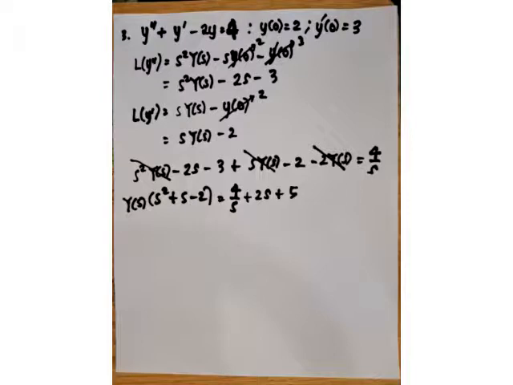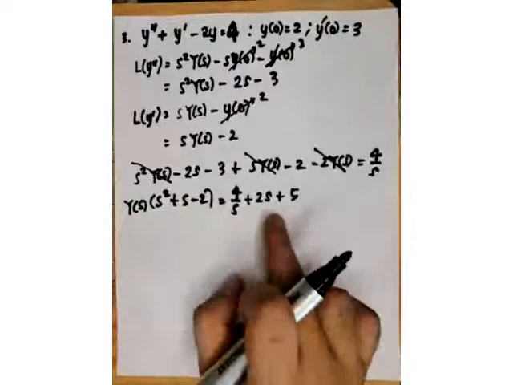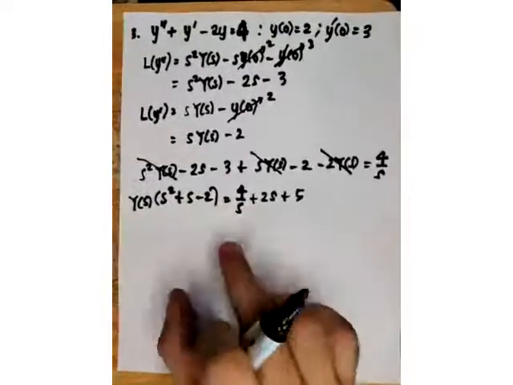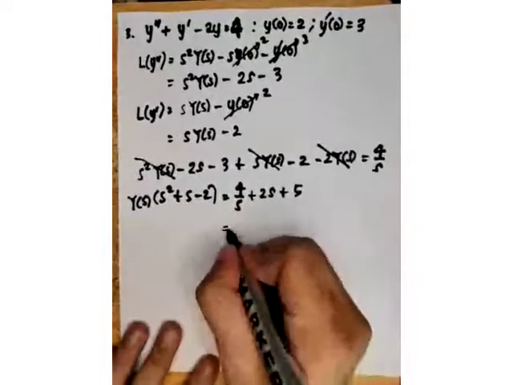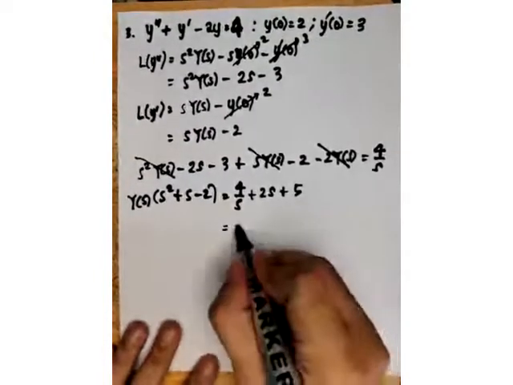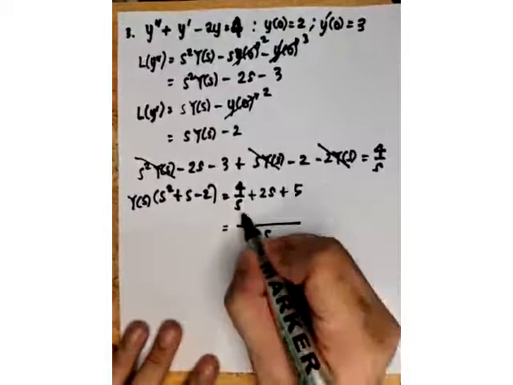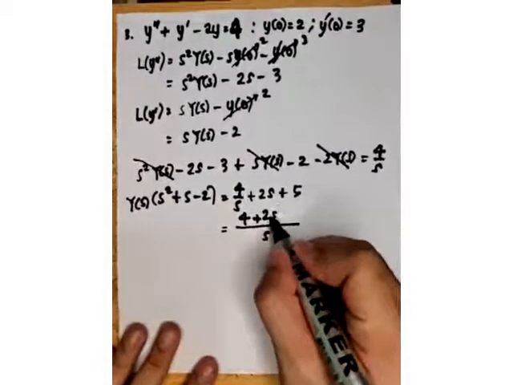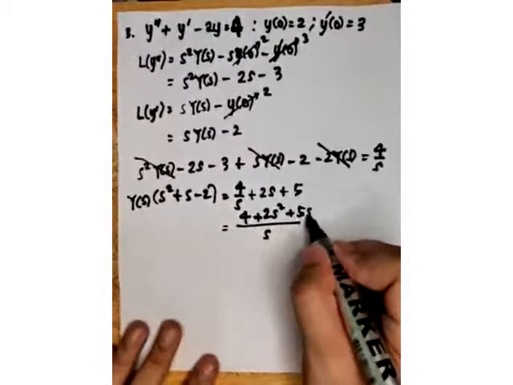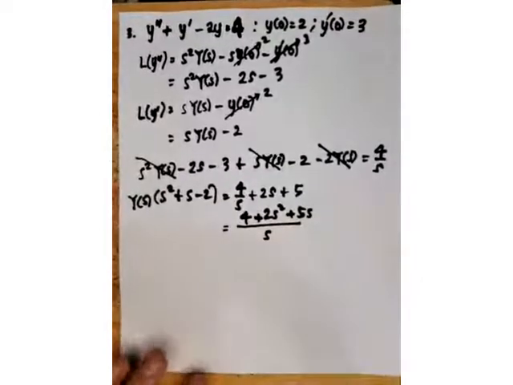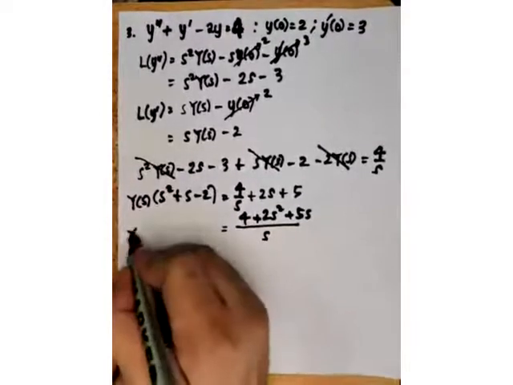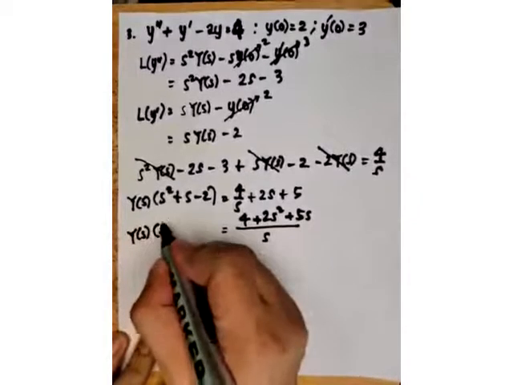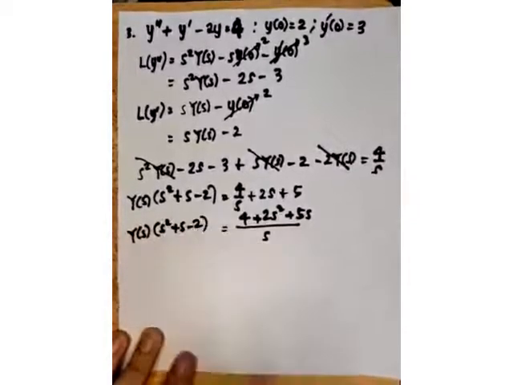So, bago natin i-divide yung buong equation ng S squared plus 2S minus 2, i-add muna natin itong tatlo dito sa left side. Okay? So, that's equal to, LCD niya ay S. So, meron tayong 4 plus 2S squared plus 5S. Ayan. Okay, so that's equal to Y of S squared plus S minus 2.